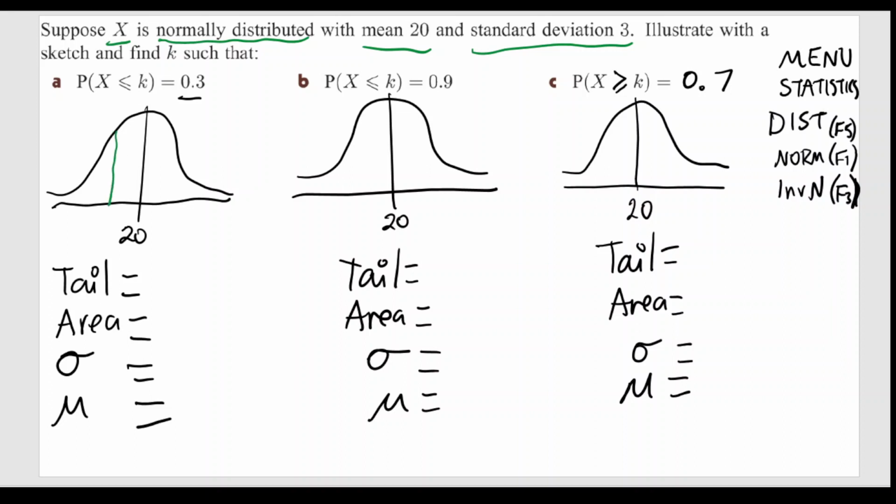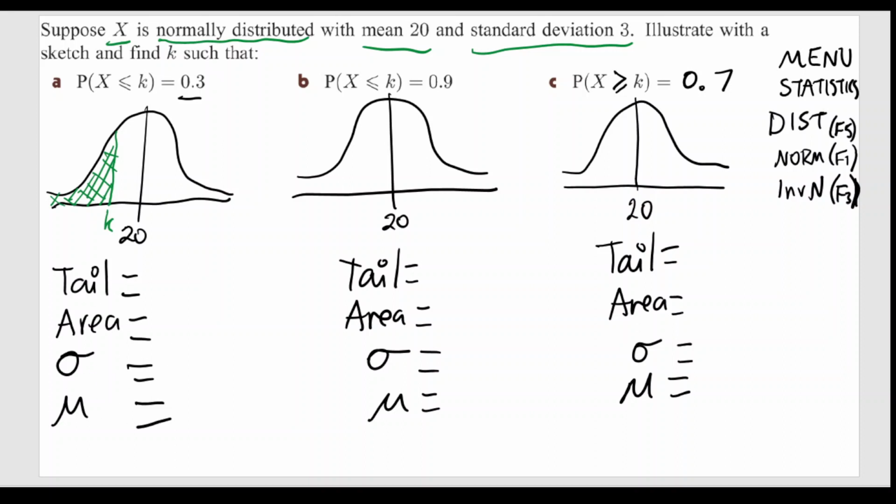It doesn't have to be perfect, but we can pretty well assume that it's going to be somewhere in the vicinity of this. So all of this green shaded area represents values that are less than k. We're trying to find this k value because that's going to tell us what point is at the end of this 30% or 0.3. So things that we need to fill in, we've got 4 pieces of data.